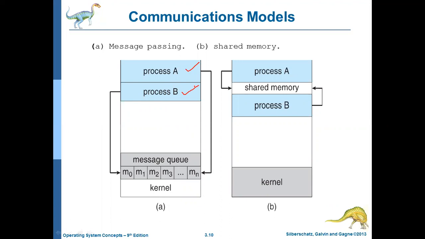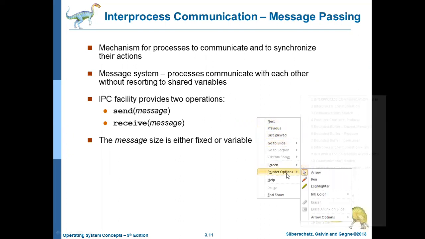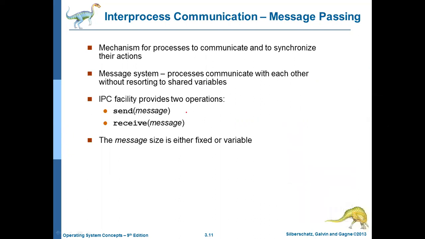Now, we are going to discuss in detail how this message passing is going to take place. What are the different ways or techniques or methods by which this message passing will take place? Let's move further. The message passing system makes use of two main operations: the send operation and the receive operation, send message and receive message.